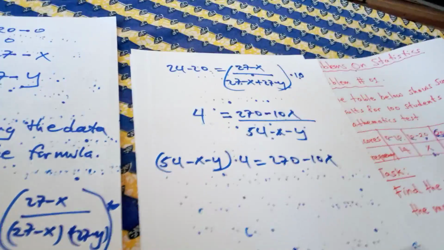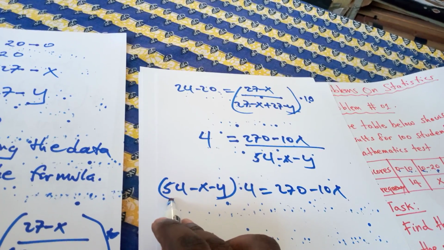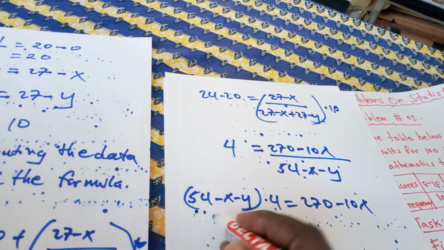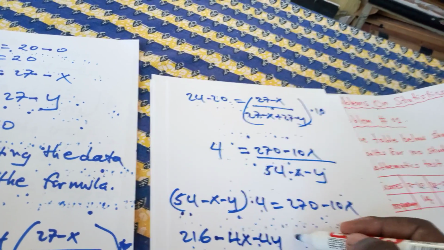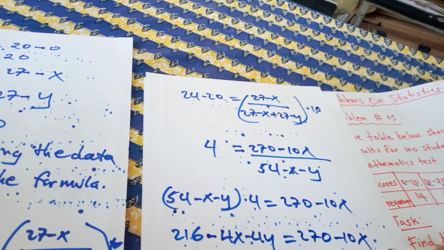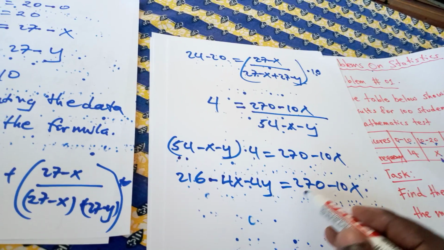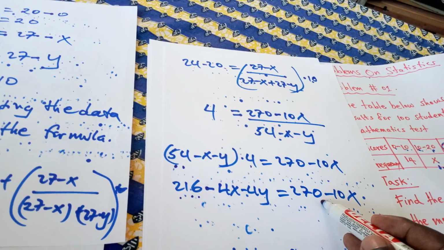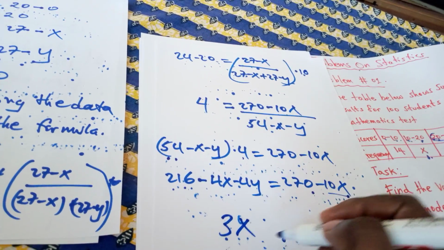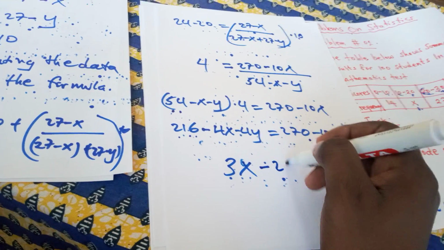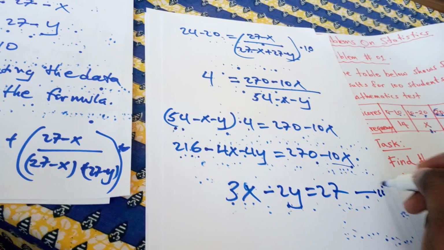Opening the brackets, 4 times 54 is 216 minus 4x minus 4y equals 270 minus 10x. Bringing 216 to that side and negative 10x to the other side, the simplified answer will be 3x minus 2y equals 27. This is equation number 2.